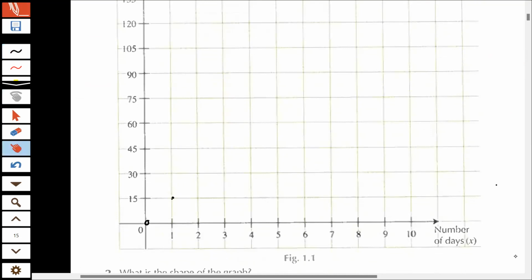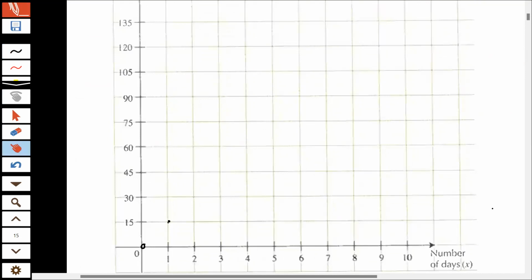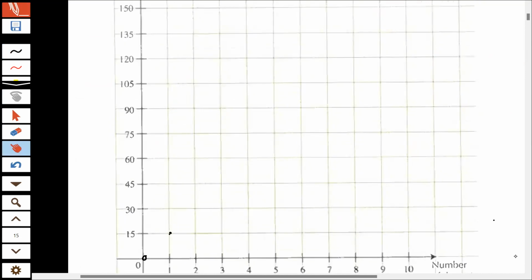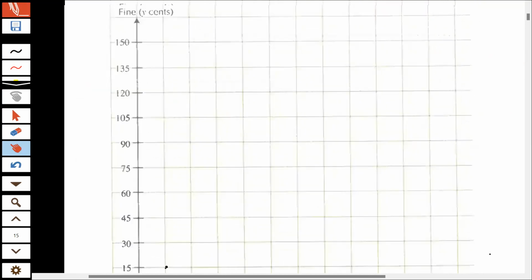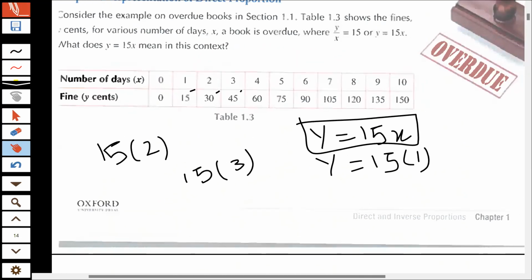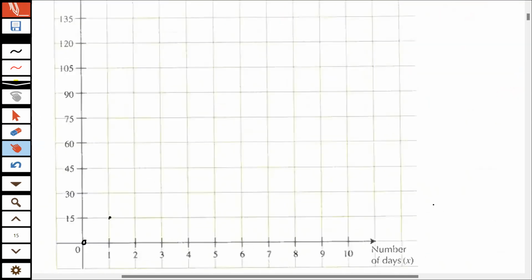Okay, whenever we are making a graph, it's necessary that we draw it using a graph paper. देखो, just like how I have drawn. I have a graph paper and I'm drawing it over here. When x is equals to 2, y equals to 30.